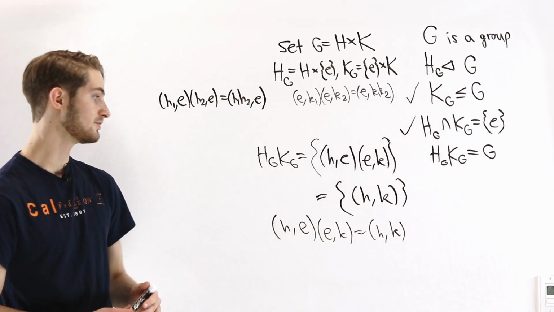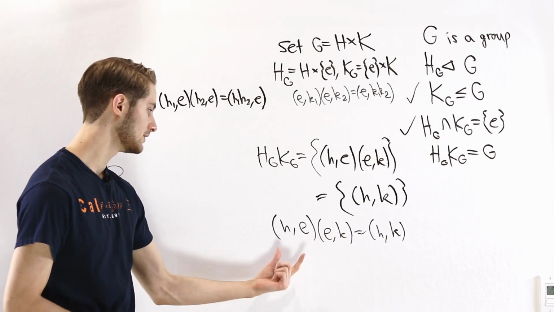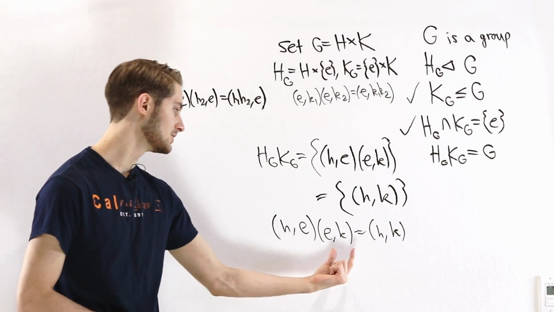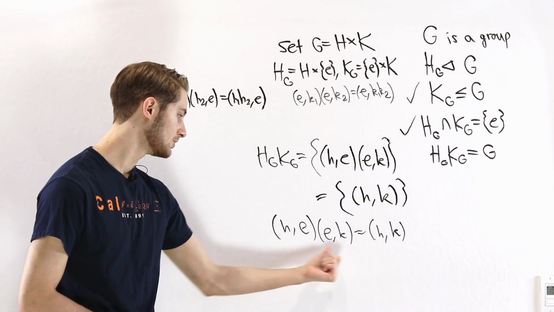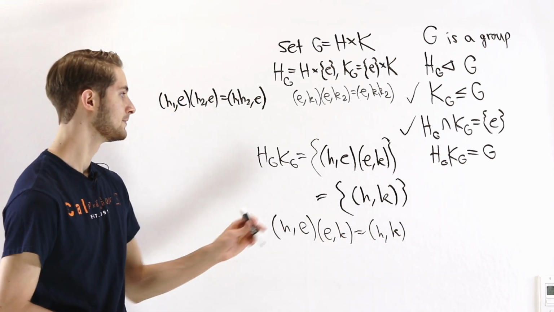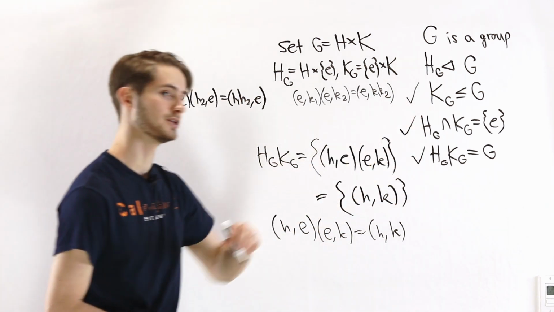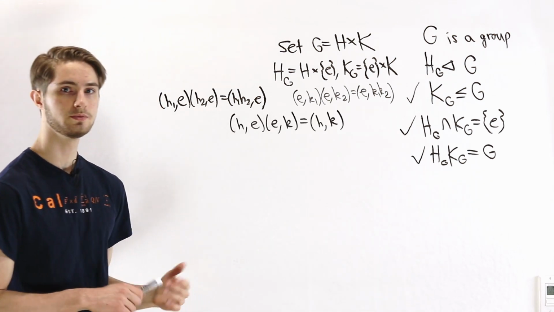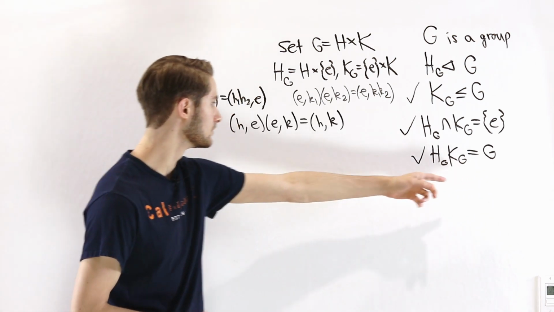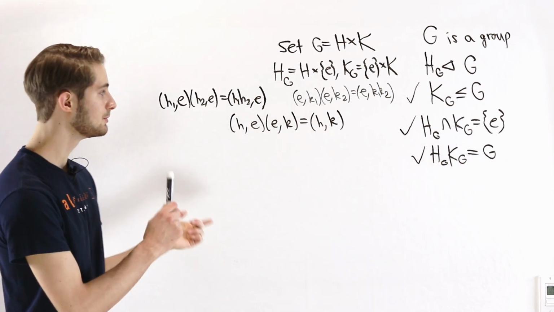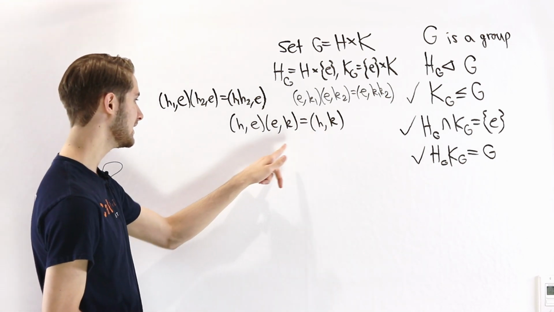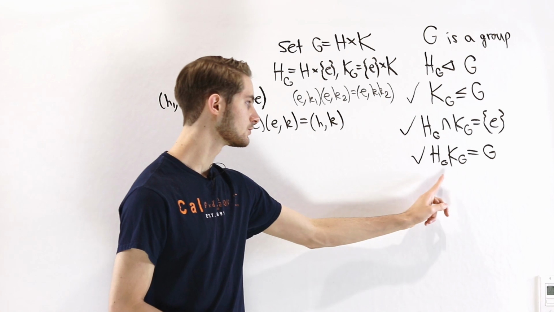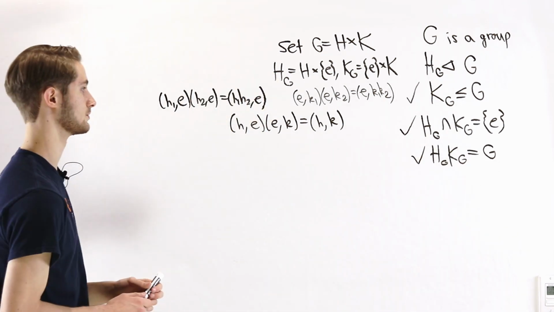So we're going to define that our group law, if we multiply an element of H with an element of K, just puts them together in the ordered pair. And that satisfies this condition automatically. So using this multiplication rule, we get that every single element of the group, which is (H, K), can be written as (H, E) times (E, K), and therefore H times K gives us the whole group.